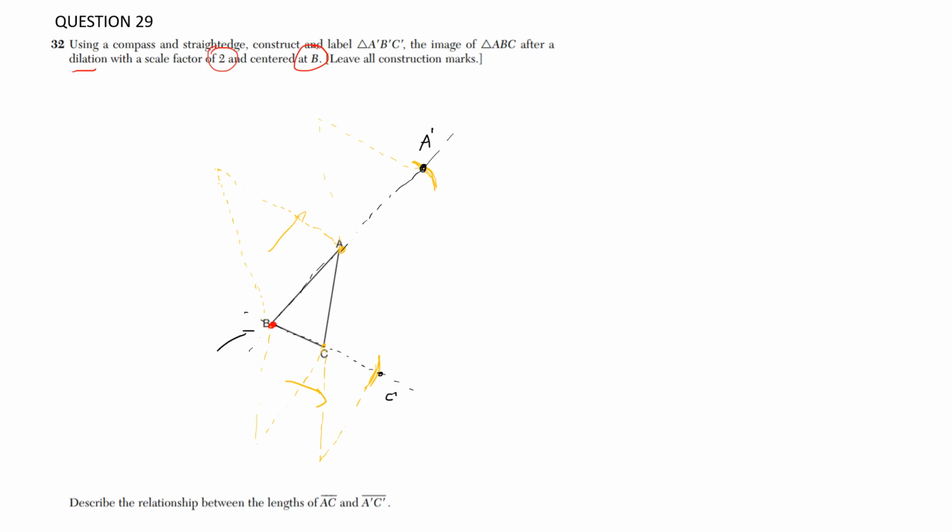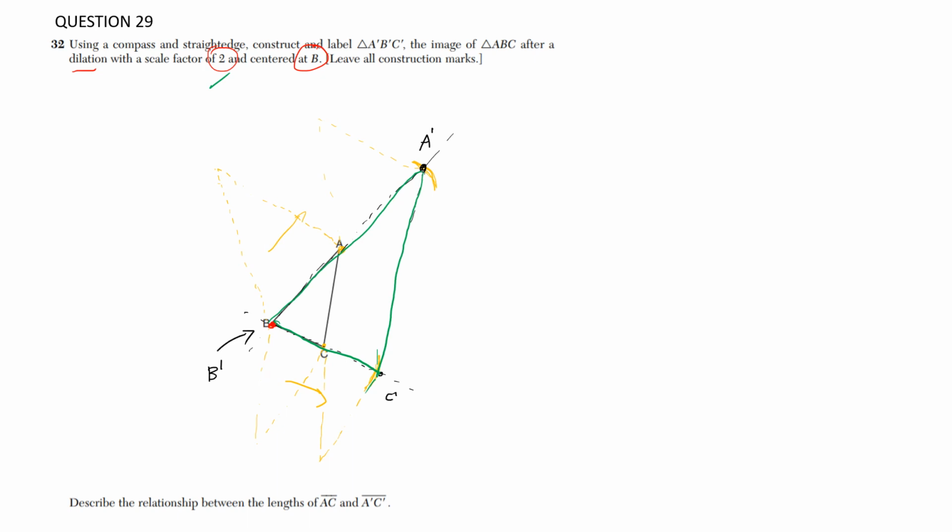And like we said before, B does not move because the scaling is centered at B. So that's B prime as well. It's the same point. If we connect the triangle now, maybe I should do this in green or some other color. This triangle here is our scaled up triangle by a factor of 2 and centered at B. And we left our construction marks, which were from the compass and from the straight edge, okay?